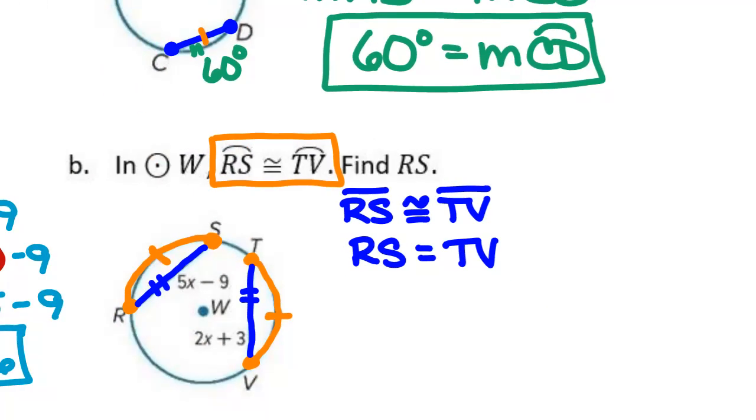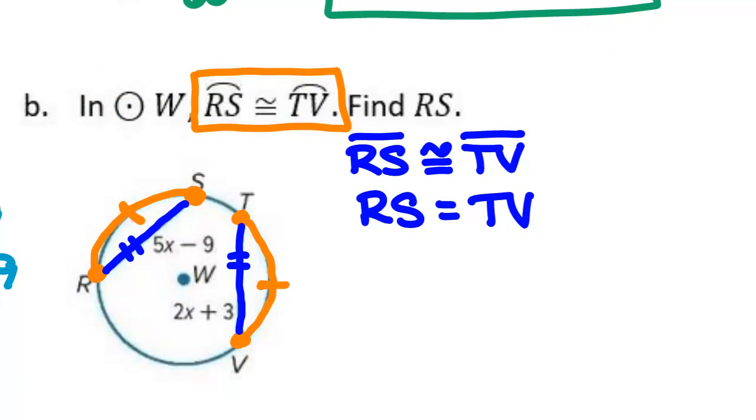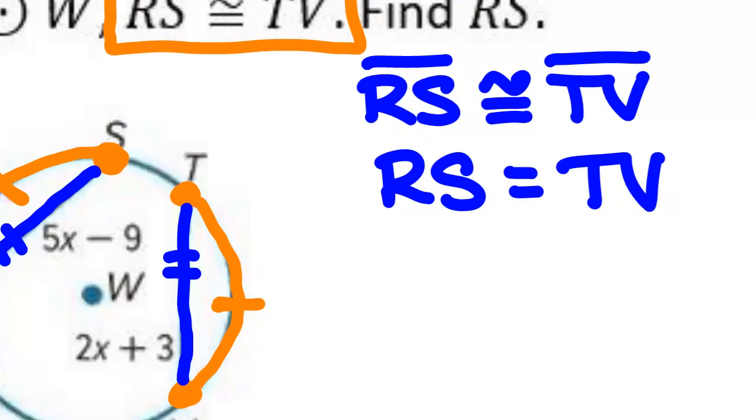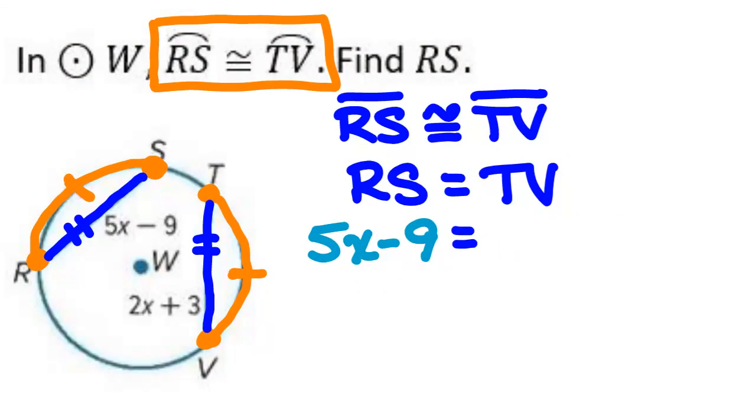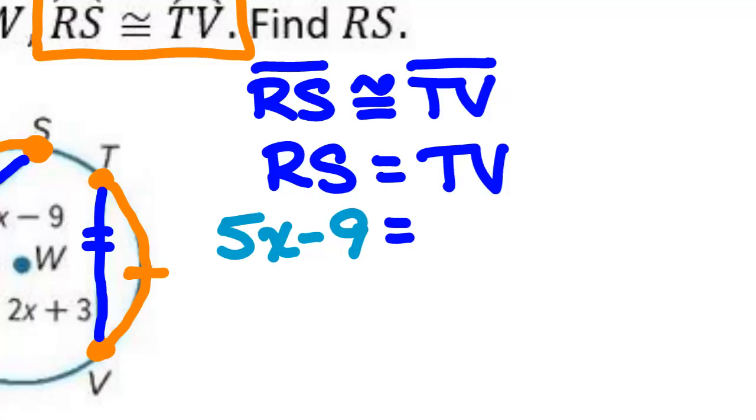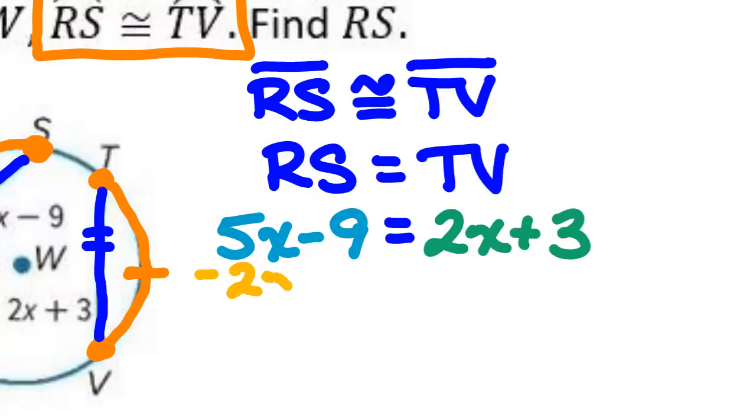What are we going to put in for the length of RS? 5x minus 9 is equal to, what are we going to put in for the length of TV? 2x plus 3, absolutely. Now we're going to solve this for x, so I'm going to minus 2x from both sides.